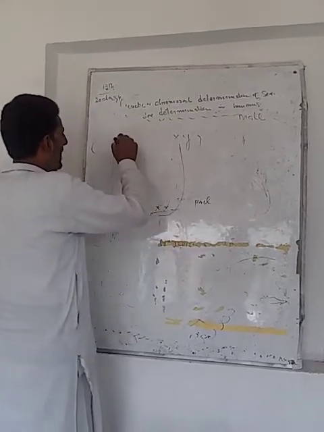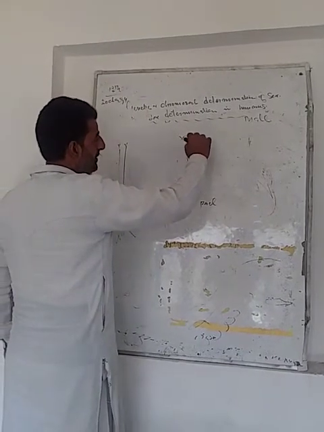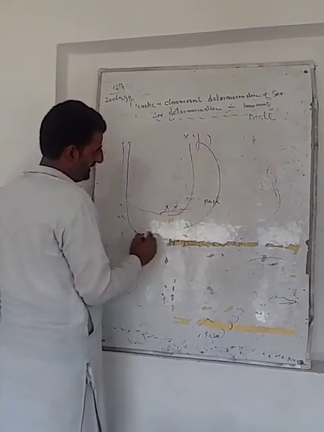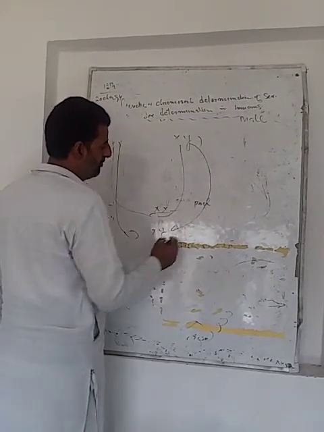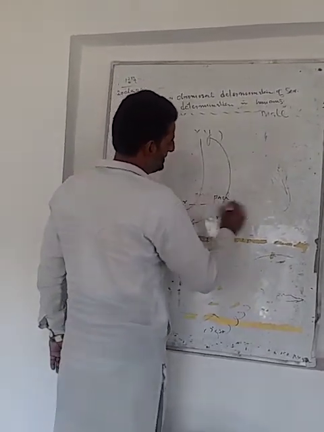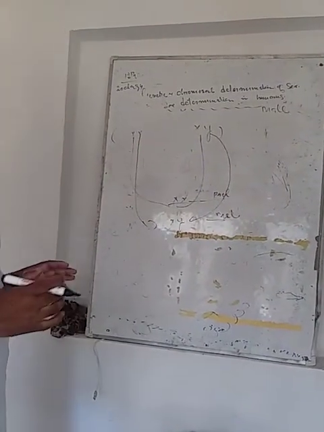If the egg fertilizes with the sperm bearing Y chromosome, then it becomes X and Y, male. In this way, the sex can be determined in humans. That's enough.